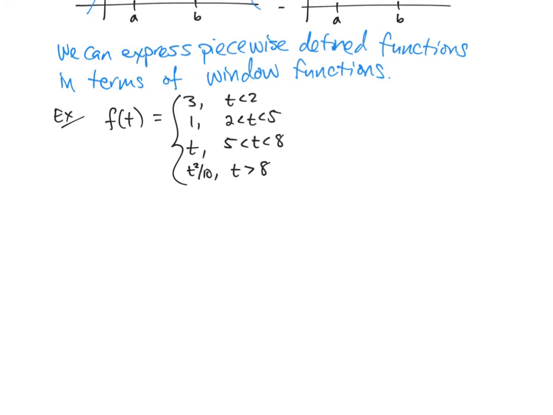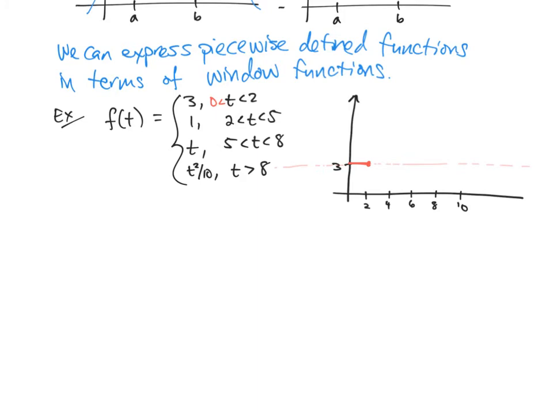So first, let me draw this function. First, there's my function f of t equals 3. I have drawn this all the way across, but we really only care about it for values between 0 and 2. I should have said before that this is really 0 less than t less than 2, because for the Laplace transform, we don't care what's happening before t equals 0. All right, so that's the first part of our function.